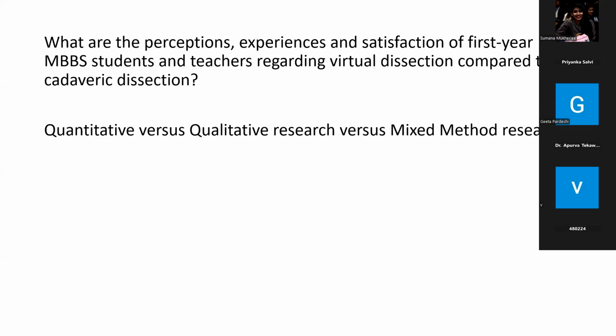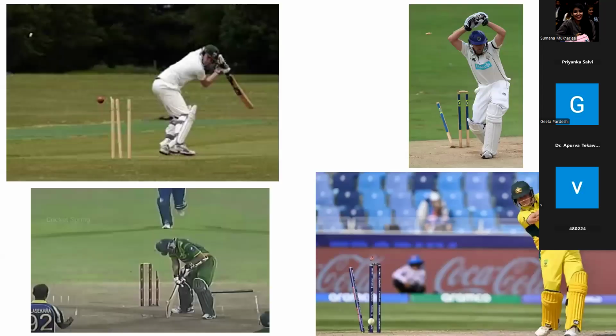So I will try and explain to you with this interesting example. What do you see on the screen? A bowled wicket, but it is a different perspective, a different angle of looking.